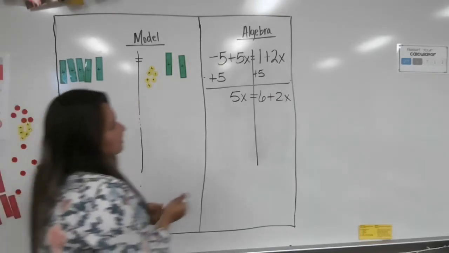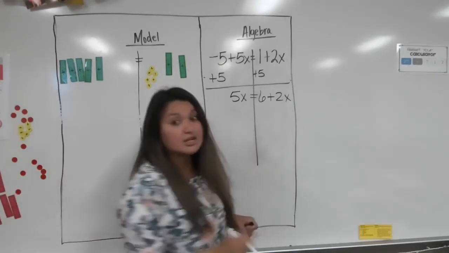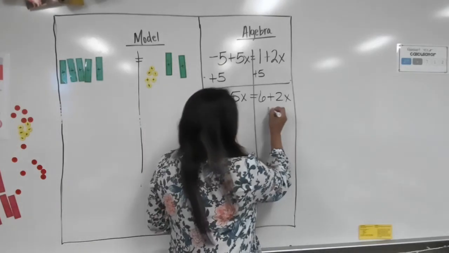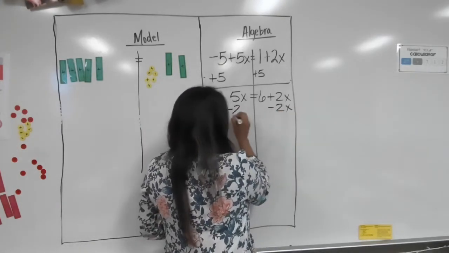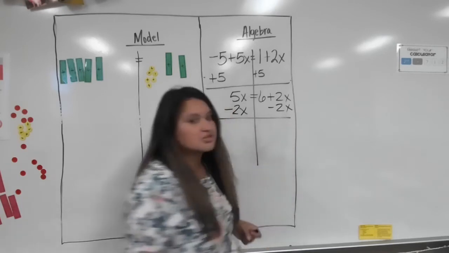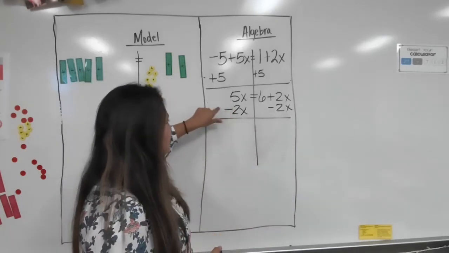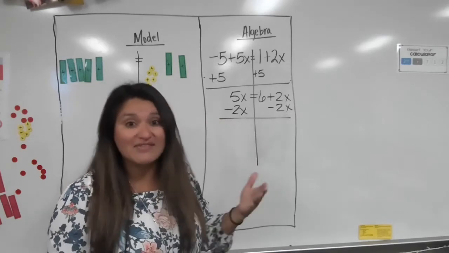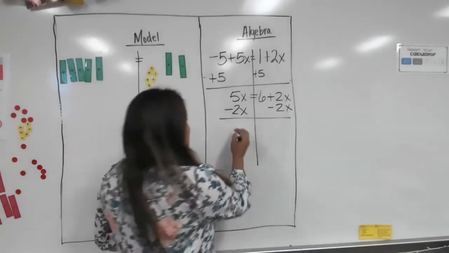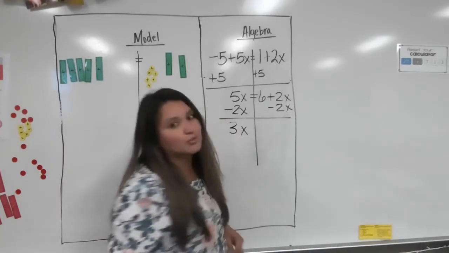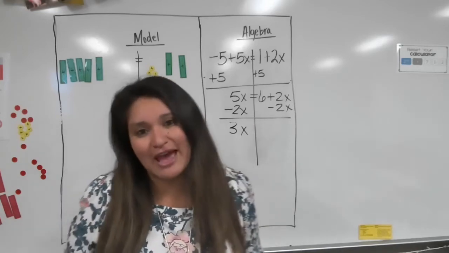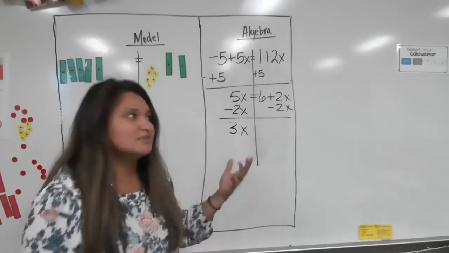Let's do the algebra first. The opposite of 2 positives is 2 negatives, and what I do to one side, I do to the other side. Take away 2. So 5 minus 2, remember 5 apples minus 2 apples gives us 3 apples, but again, we're in algebra, so we're not counting apples, we're counting x's or different letters.